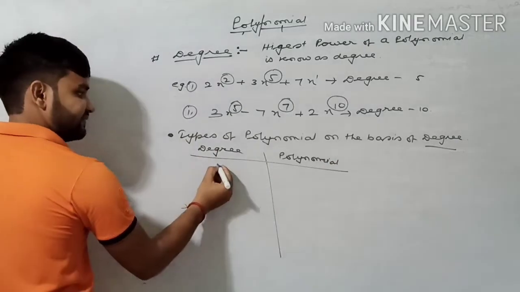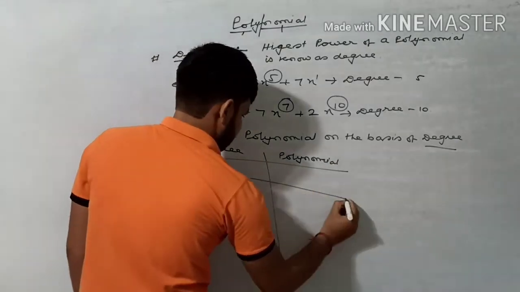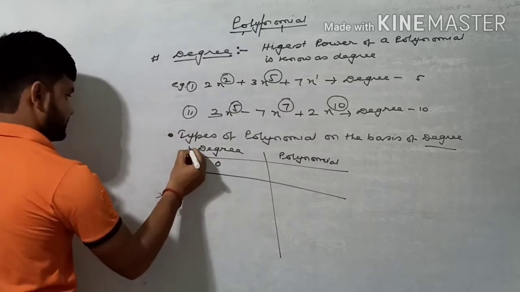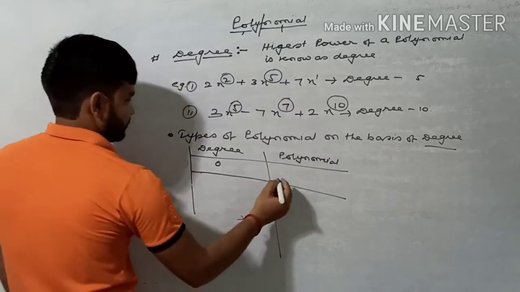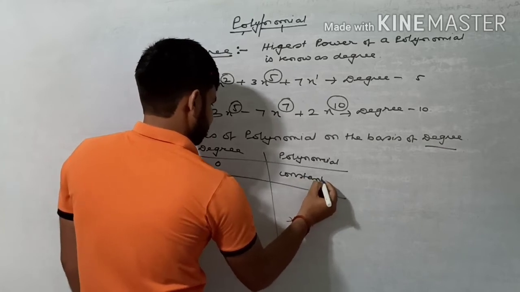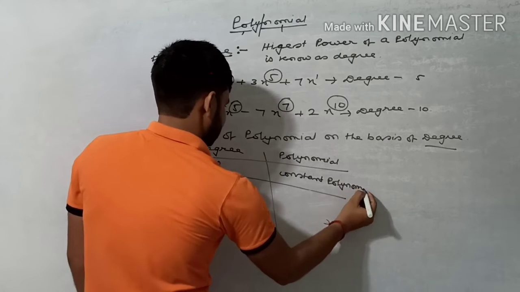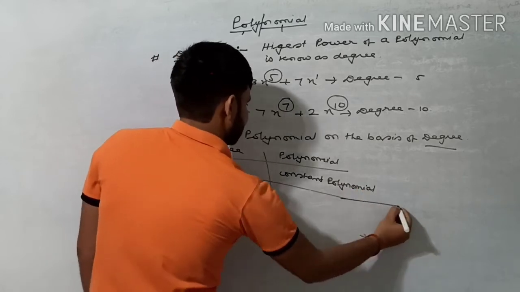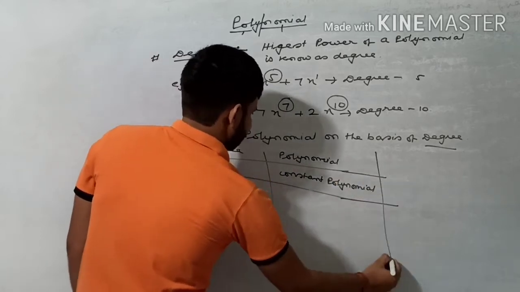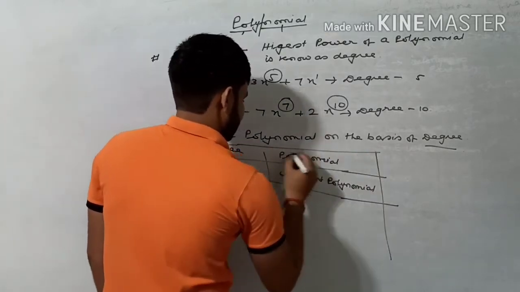क्लियर? यानी इफ डिग्री इज 0, if degree is 0, then polynomial is known as constant polynomial. You clearly understand with the help of name, that means what is constant polynomial.